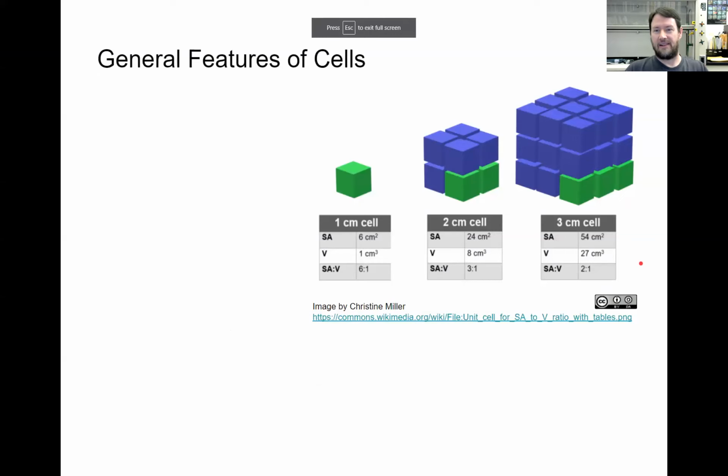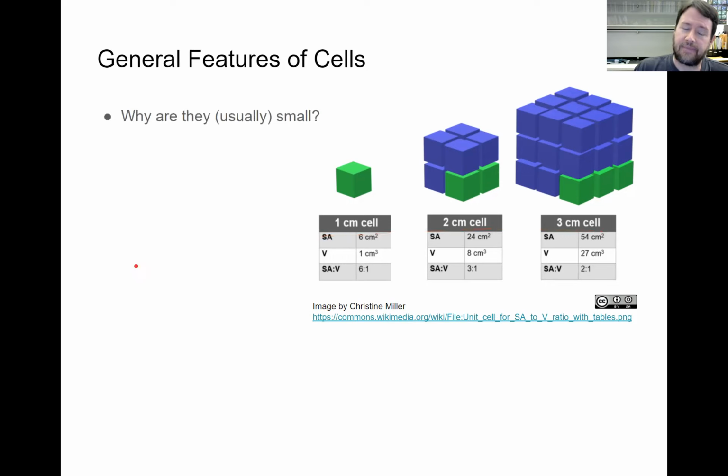Okay, well, why are cells small? But I should say, why are they usually small? The whole idea here is surface area to volume ratio. As you increase the size of a cube, if you double the side of a cube, the surface area grows as the square, but the volume grows as the cube of that.